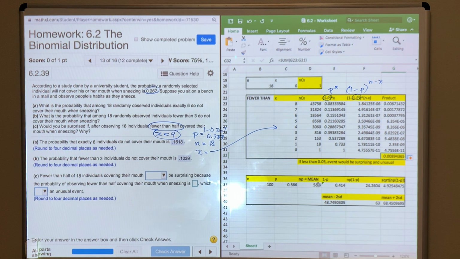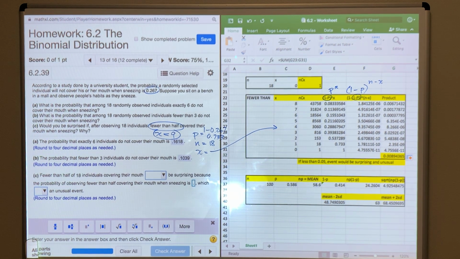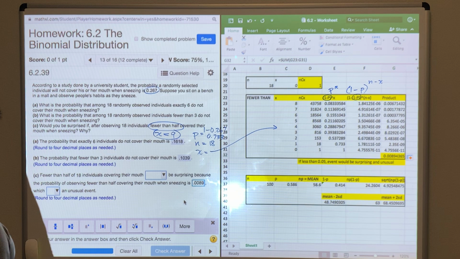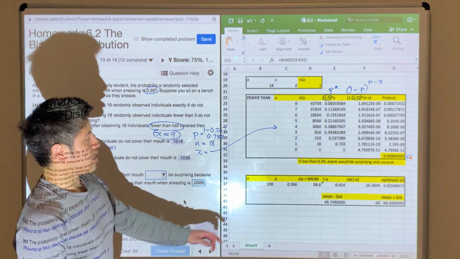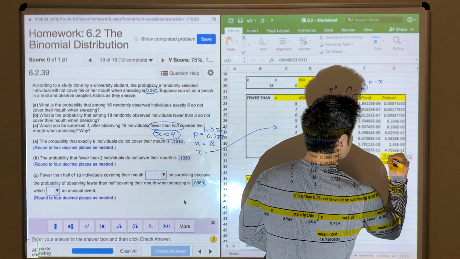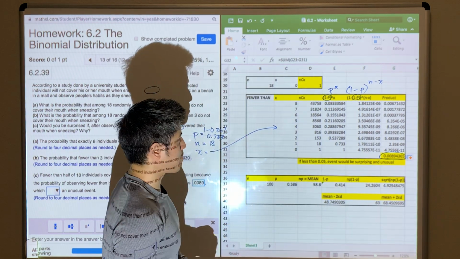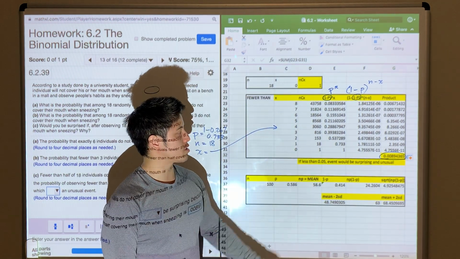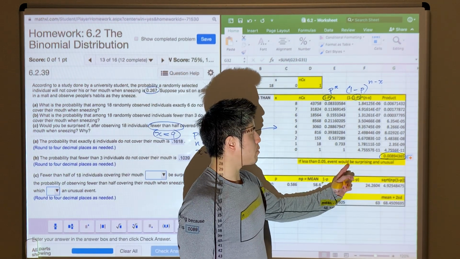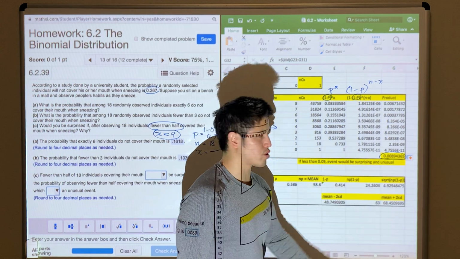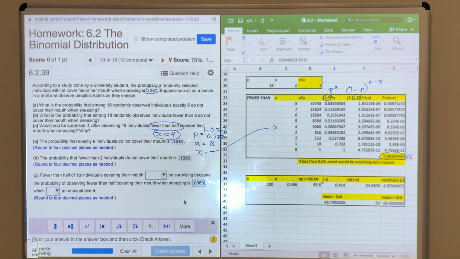So now, the probability is what? I'm going to come over here. It's 0.0089. That's my probability. Now, here's the deal. How do we interpret this? If your value here is less than 0.05, and I noted it in the notes, the event would be surprising and unusual, just like we've been talking about all through the semester.